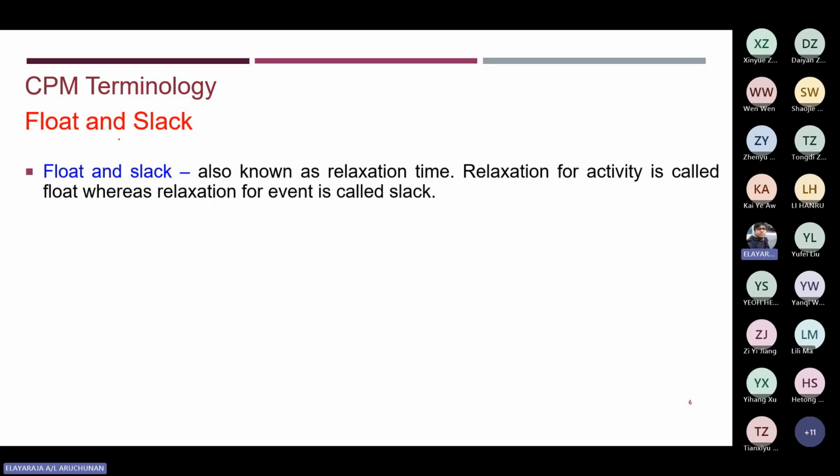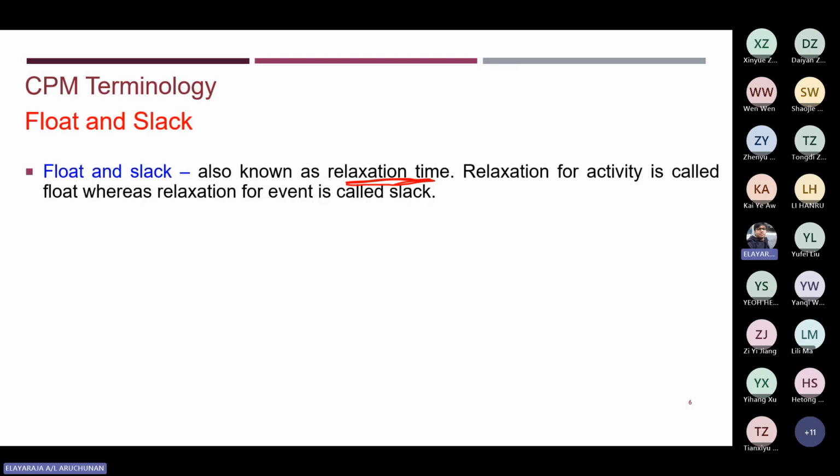Okay, moving on. In this section, we also learn about float and slack. So what do float and slack mean? Float and slack are defined as the relaxation time, which is how long the project can be delayed or relaxed, maybe 1 day or 2 days, at most permitted.